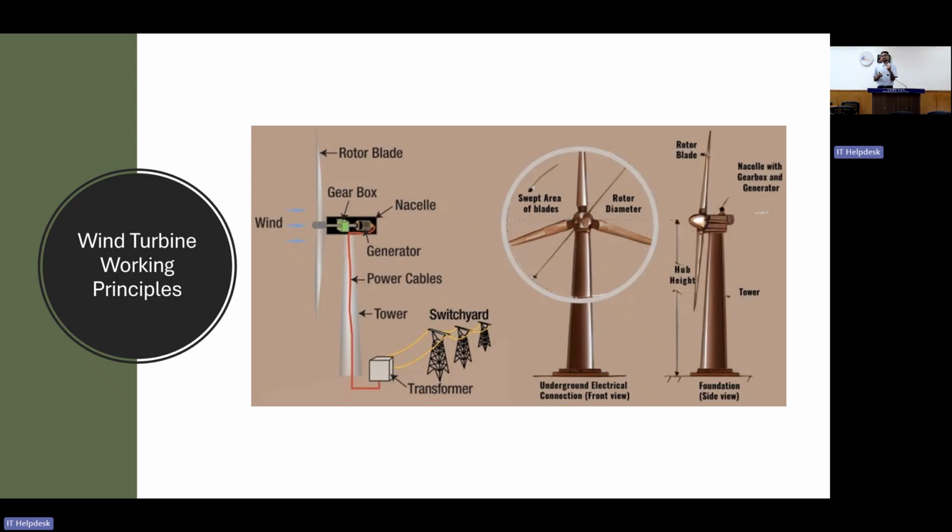That produced electricity is transferred to the transformer through power cables, and then it is connected with the national grid or conventional grid.